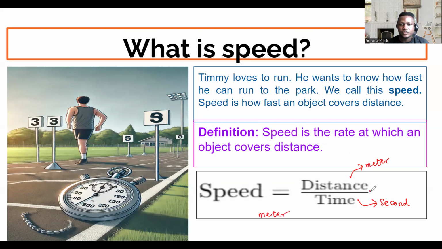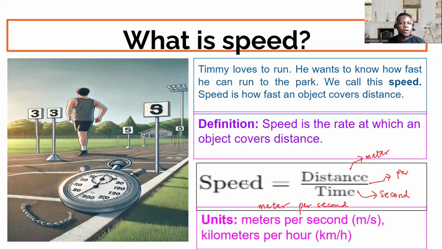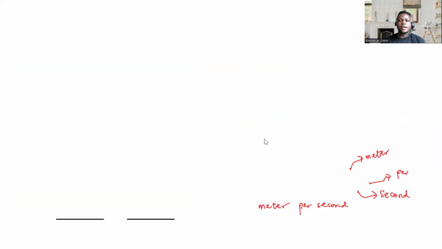This division sign in science, we call it per. So the unit for calculating speed is meter per second or kilometer per hour, since distance can also be measured in kilometers and time in hours.